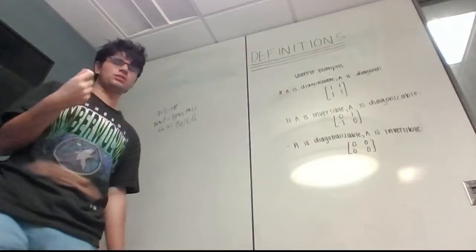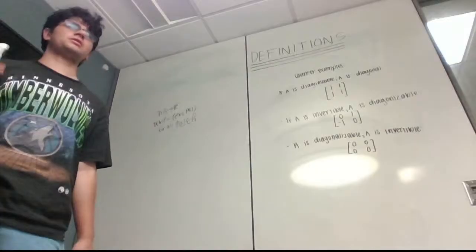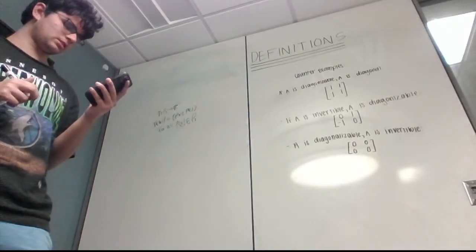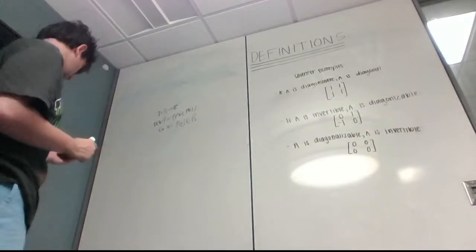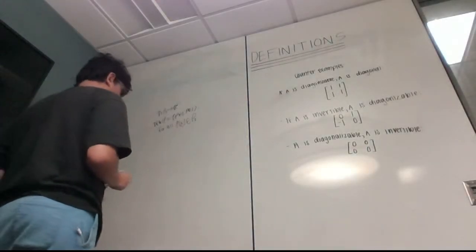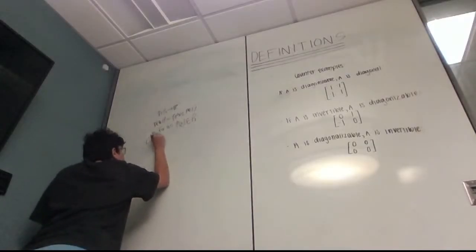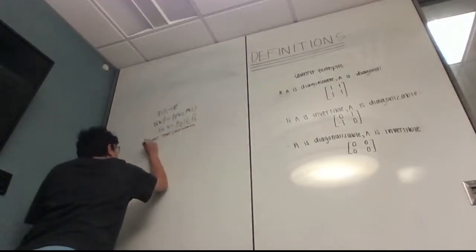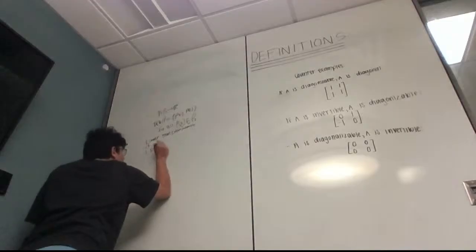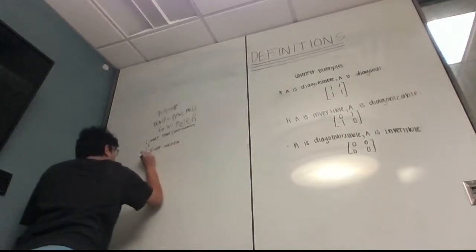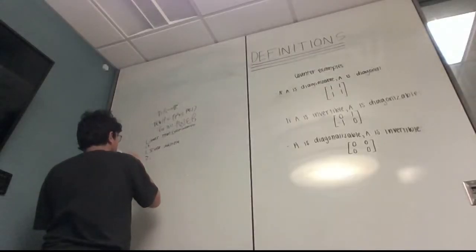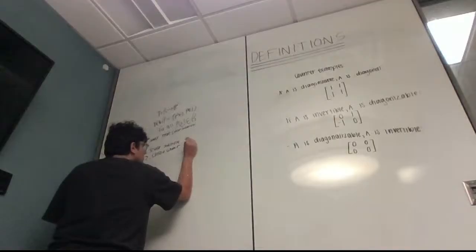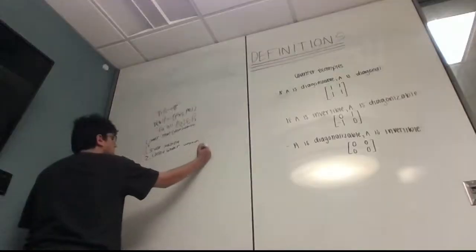A linear transformation is a linear transformation if it's closed under addition and if it's closed under scalar multiples of real numbers. So those are the two ideas generally.